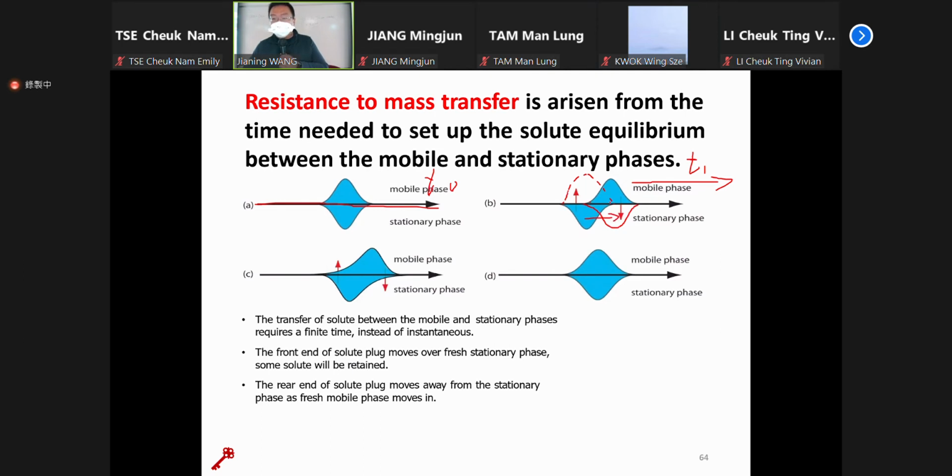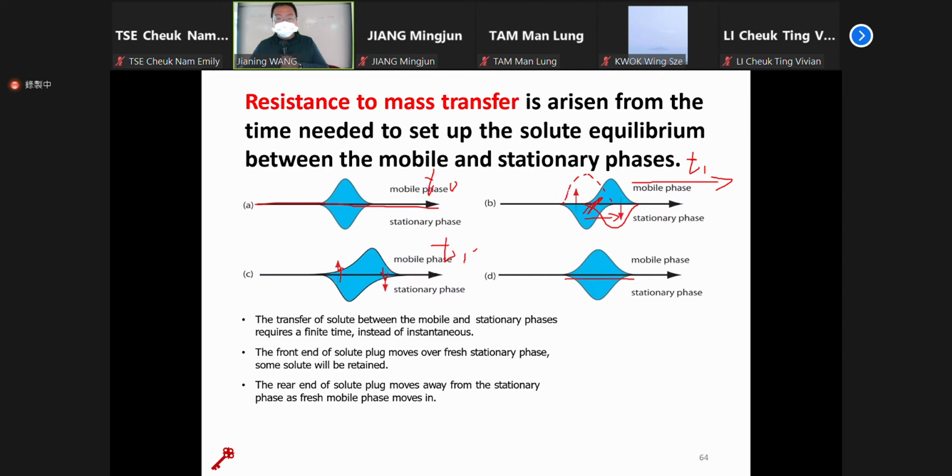But actually there's a delay, right? Still, we can consider this is time 1. They still need to establish the equilibrium, but there's a delay. When the delay happens, you may see the band broadening happen.